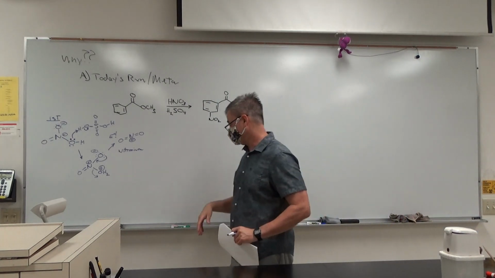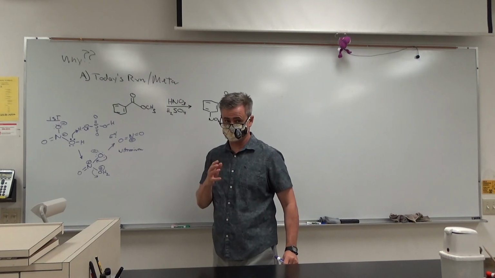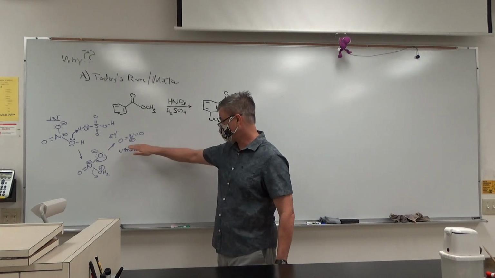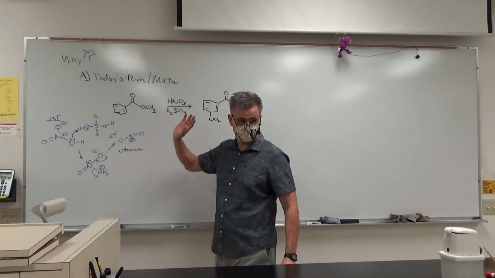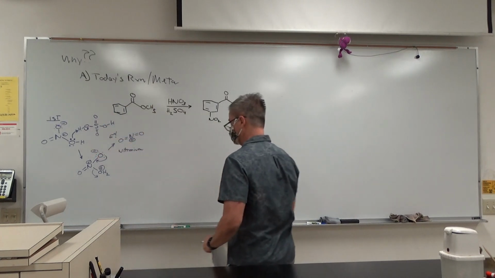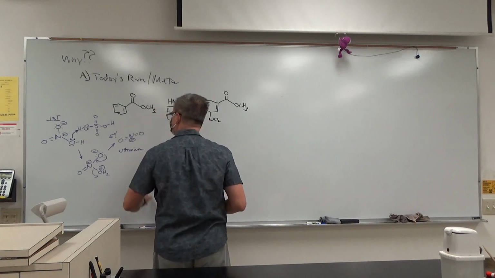But after that, in subsequent mechanisms that you've got to draw for this lab, I say you can start with the nitronium. Just draw this and pretend it already got generated. Once you've demonstrated you know how it's generated, that's good enough.